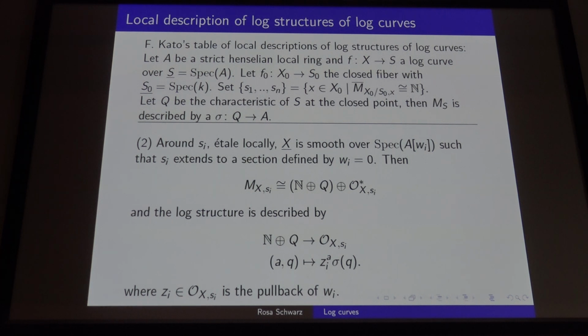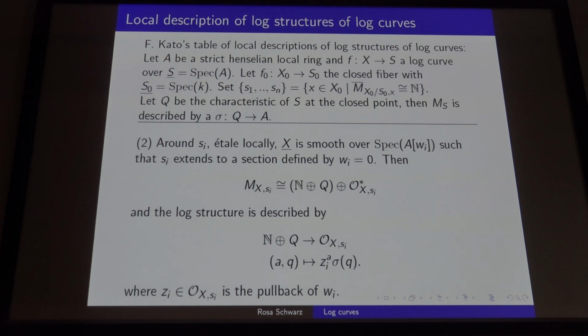Around one of these marked points, we can say that the underlying scheme is just a line, and your point is just the section at 0. And then you can express there is a splitting of the characteristic monoid at the point s_i given by this, where we just have a direct sum.